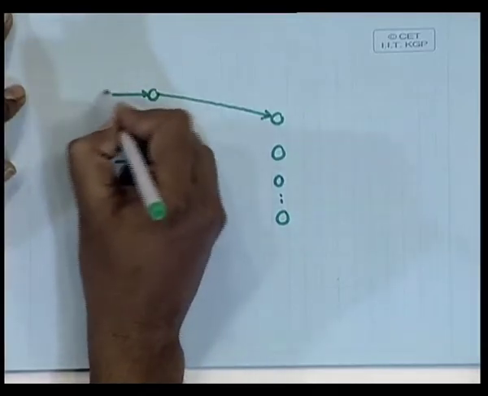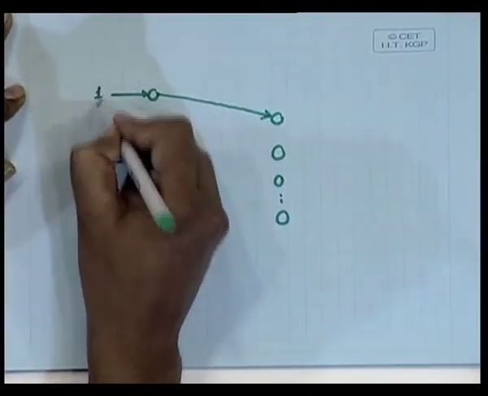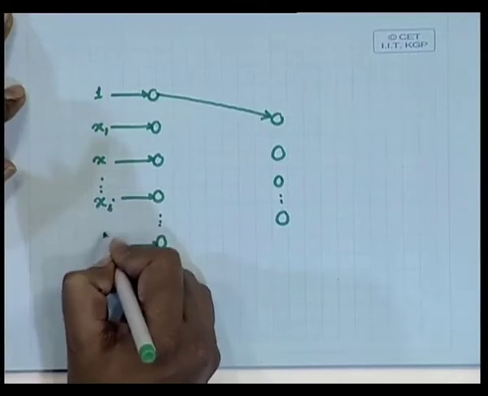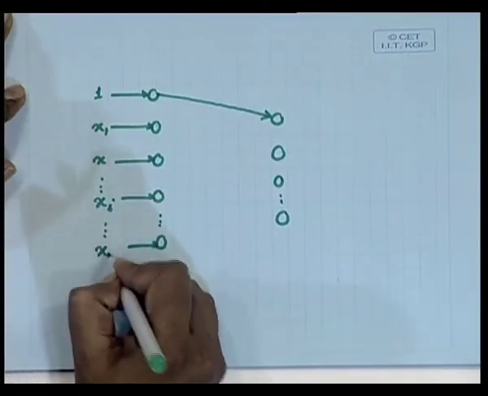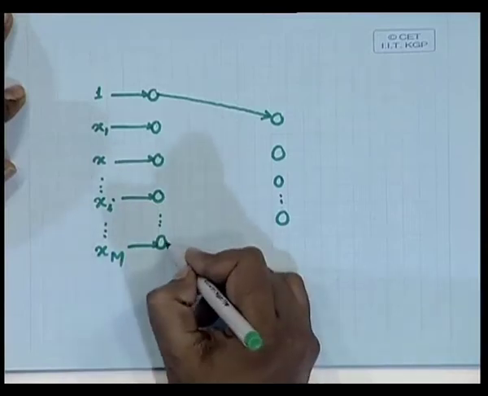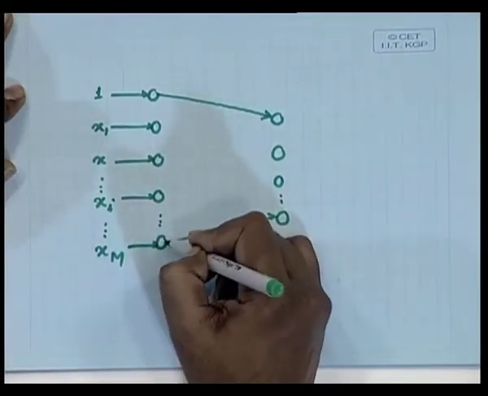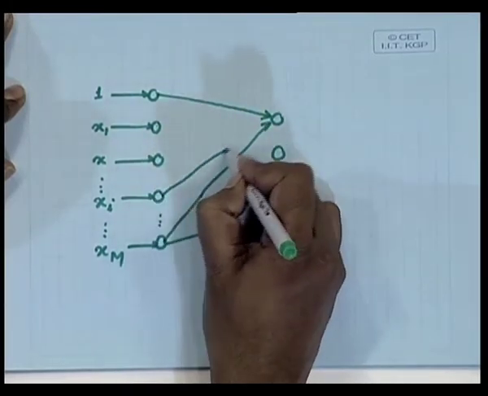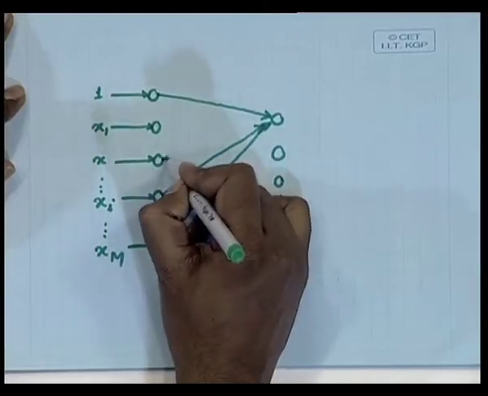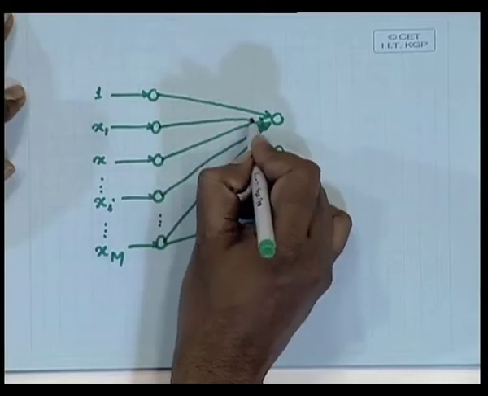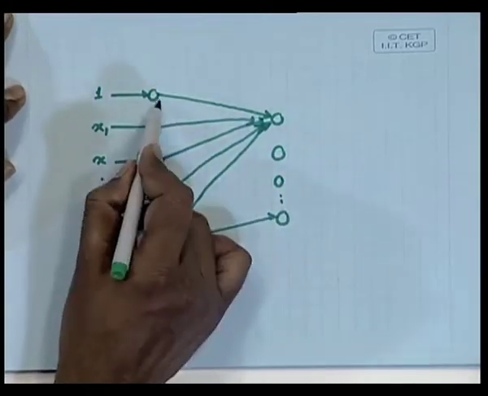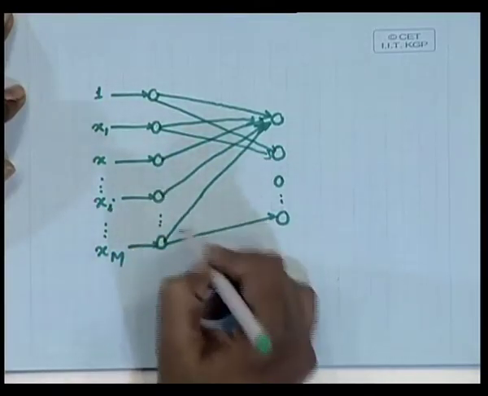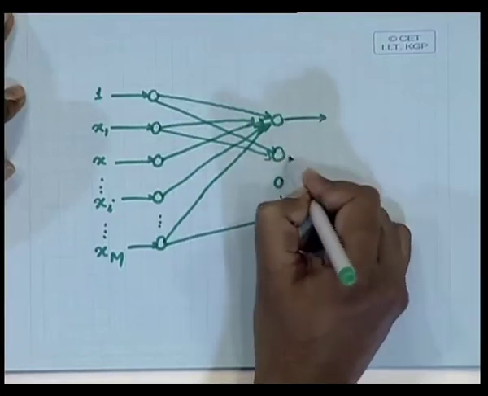So, these are my inputs: say this is 1, then x 1, x 2, say this is x i, then I have x m. I have connections from the output of each input layer neuron to the input of every neuron of the output layer. So, I have connections like this, and these are my outputs.